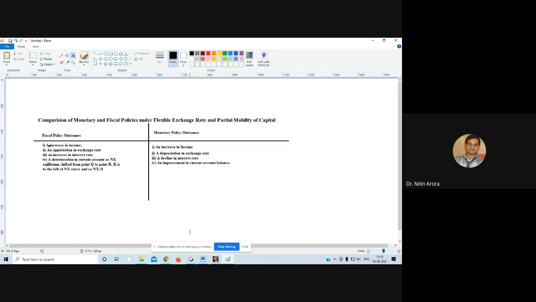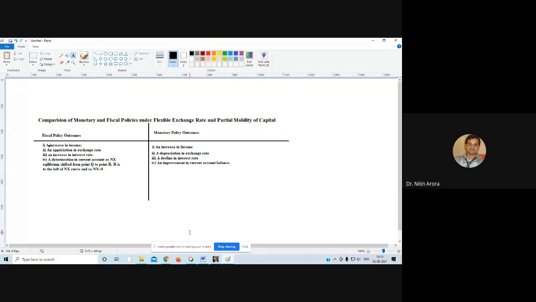So ultimately a depreciation in exchange rate is better than an appreciation. Many times some divergence of views are there whether appreciation is better or depreciation. In a nutshell, it is observed that it is depreciation which is better for the economy.